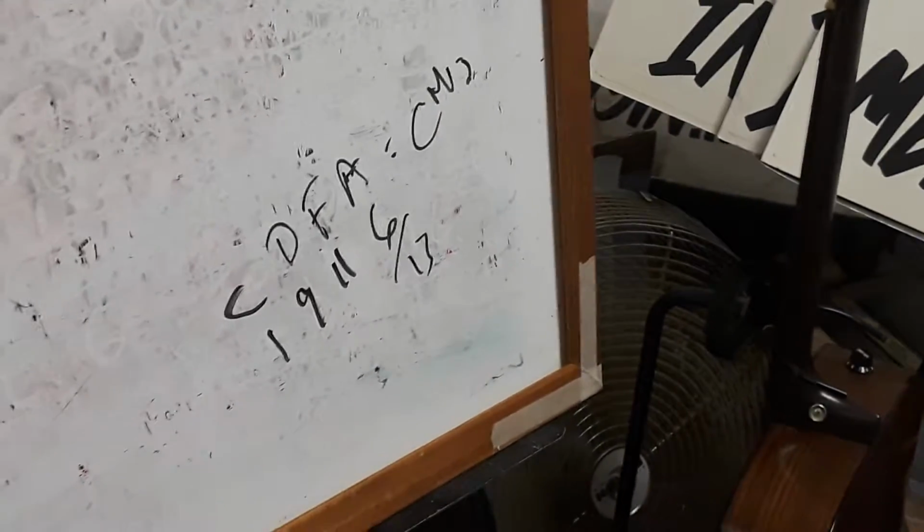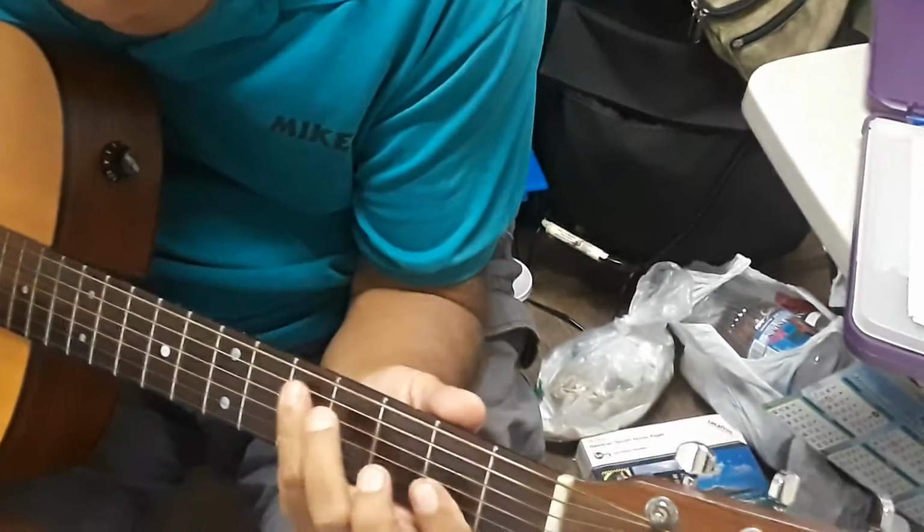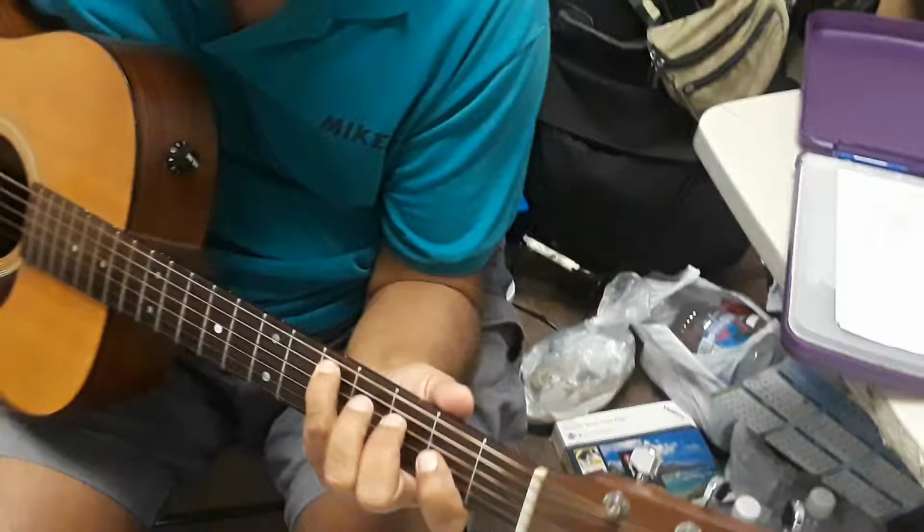Okay, let's see how that works. Initially it's a D minor. Here's a D minor: D, F, A. 3-part harmony, huh? D minor.